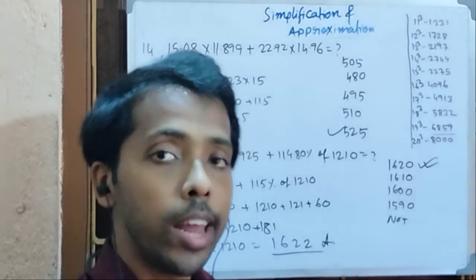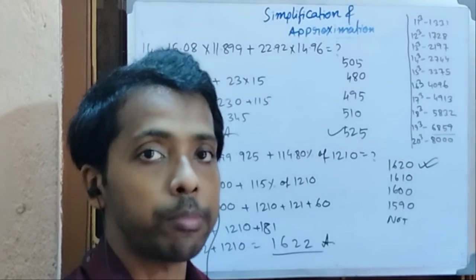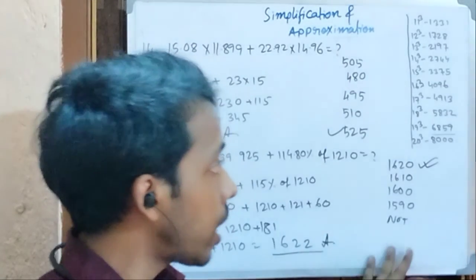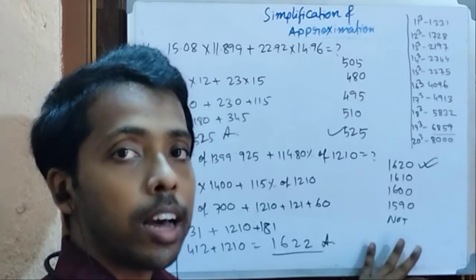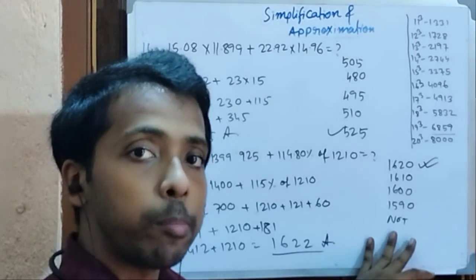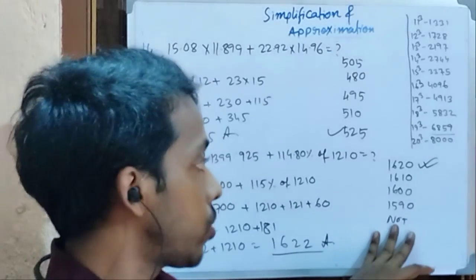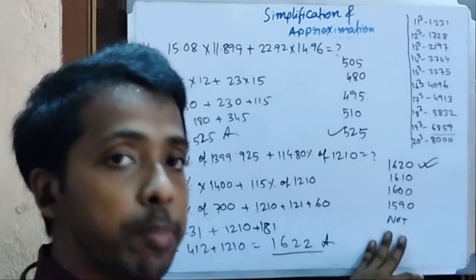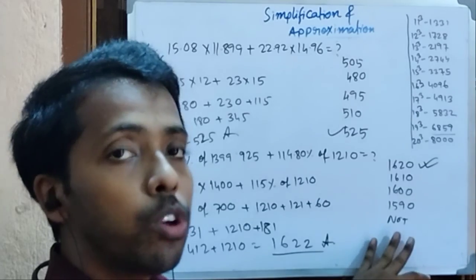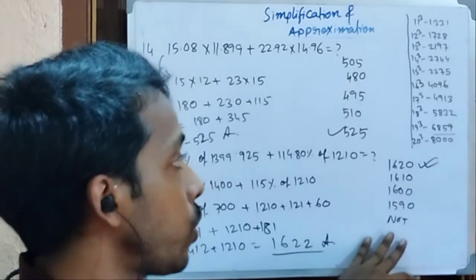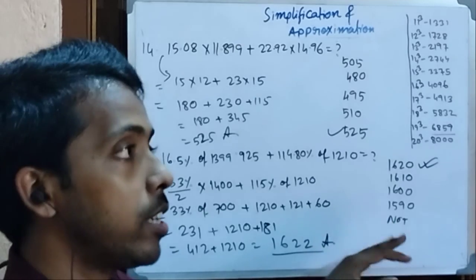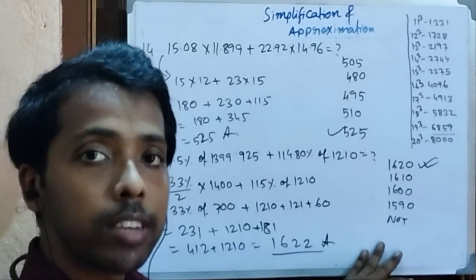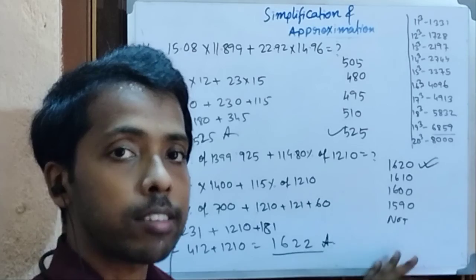You have to be well acquainted with this by the time the next session comes. Try to practice some questions on these factors, and only then can you minimize your time to solve each of these questions, because this is very basic. You have to do a lot more in the paper. So try to minimize your time in this simplification approximation series, and later on we will come to number series sets as well, but let's see what the next session brings.